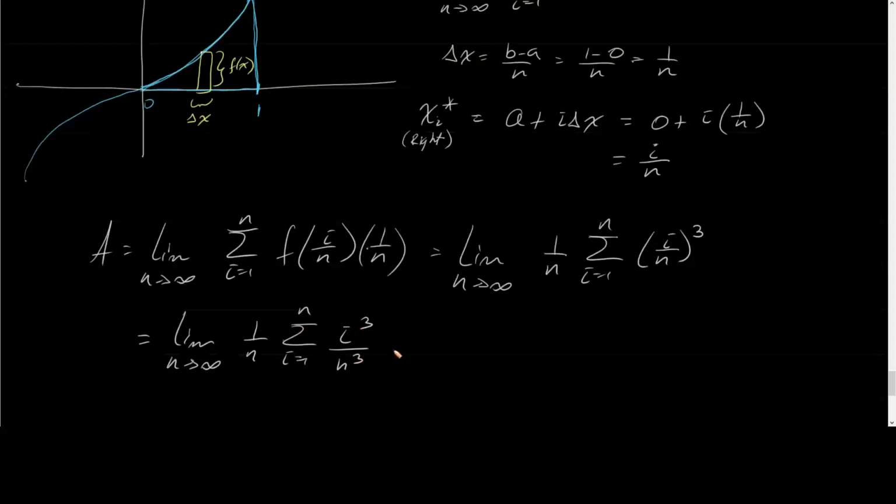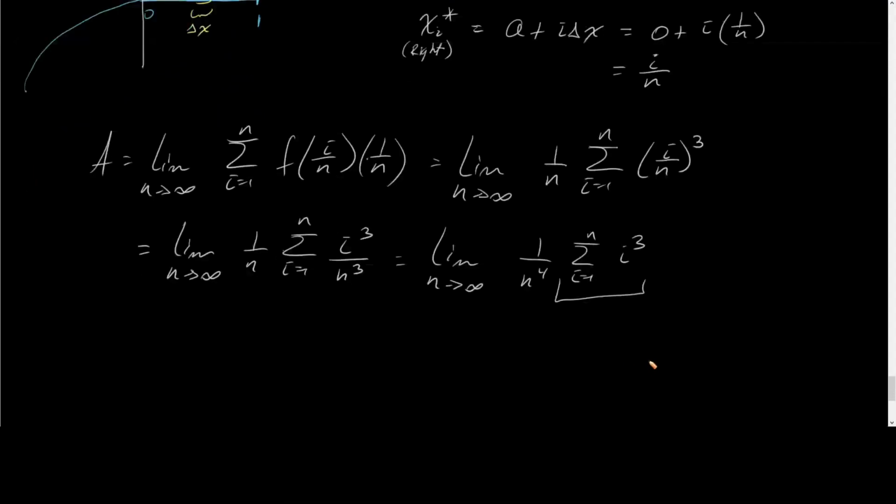And what does that do for us? Well, this n cubed is not being affected by this index here, so we can pull that out. So we really have the limit as n goes to infinity of 1 over n to the fourth times the summation from i equals 1 to n of i cubed. But we had a formula for this, for that summation of i cubed.